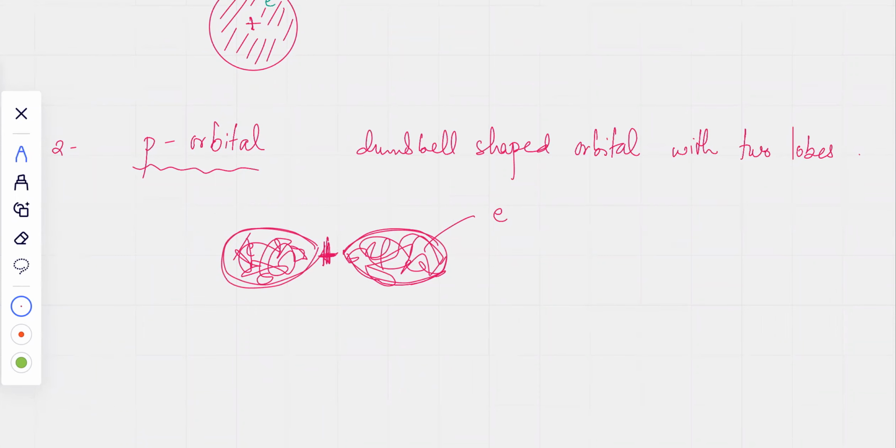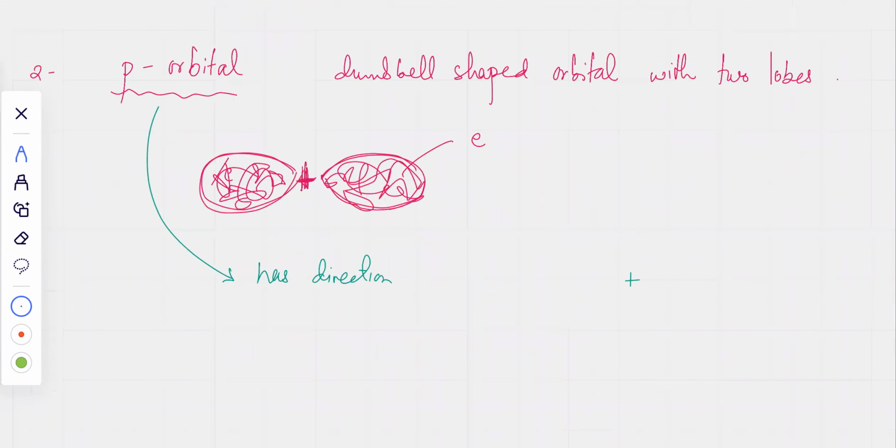And also remember that the p orbital has directions. Like you can turn it around. So here's your nucleus. The nucleus has axes around it.